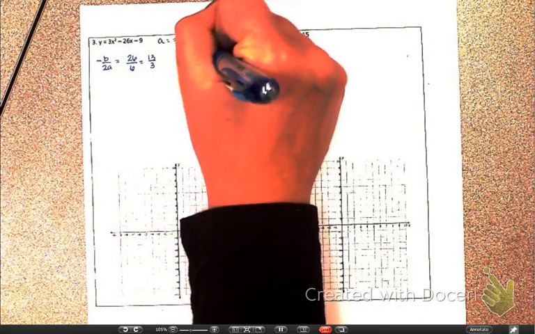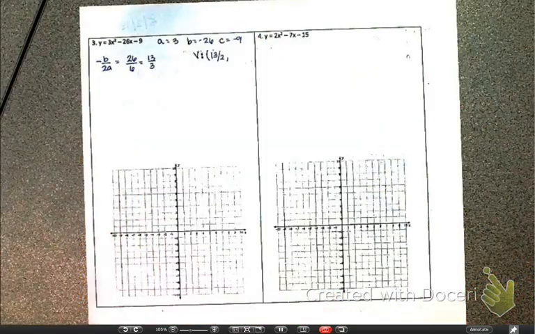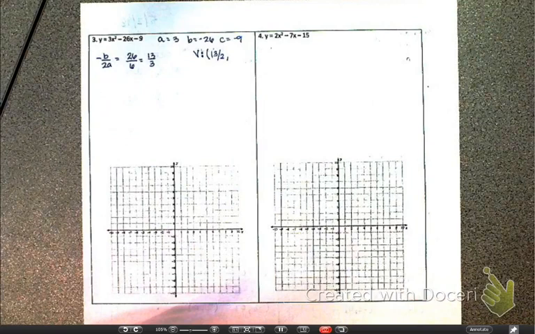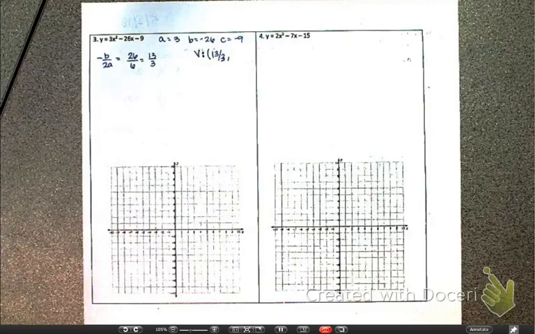I did mental math. It's not a great fraction, but can we do it? Yes, you can. What else? 13 over 3 is also what? Oh, that's a 2, not a 3. Okay, 4 1/3, 4.3. So when we graph, we'll go to 4.3 in the graph.